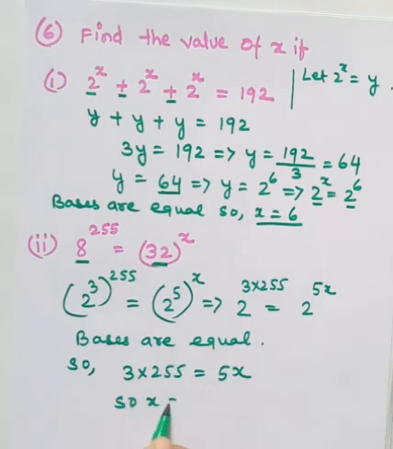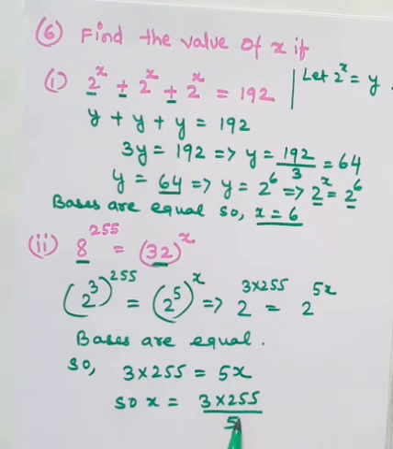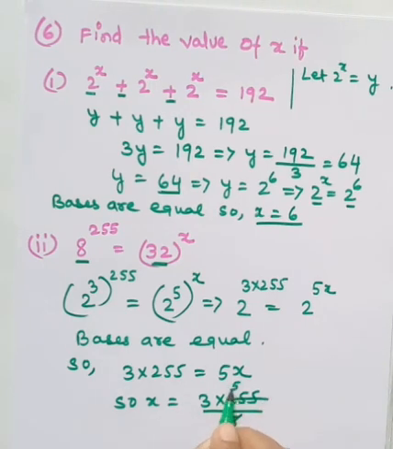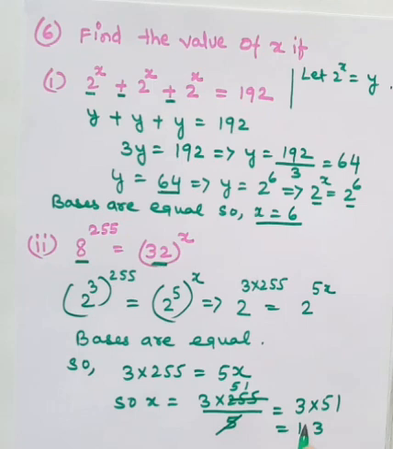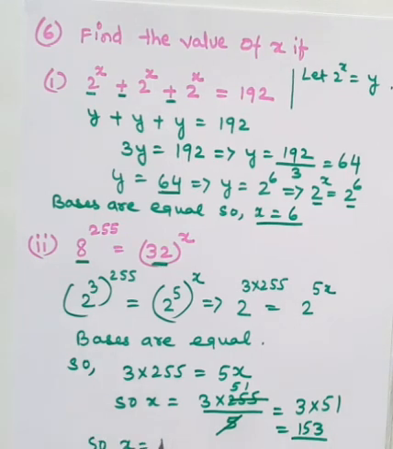So x will be equal to 3 into 255 divided by 5. See, 5 is multiplying here, it will come and divide here. So 5 5s are 25, 5 1s are 5. So 3 into 51. 3 into 51 means how much? 3 1s are 3 and 3 5s are 15. 153. So x is equal to 153. I hope you got it.